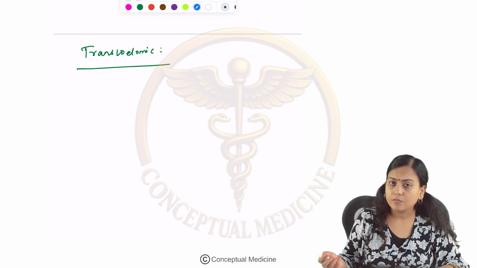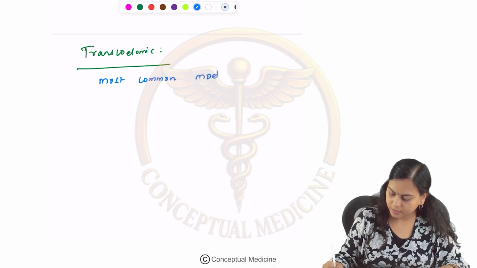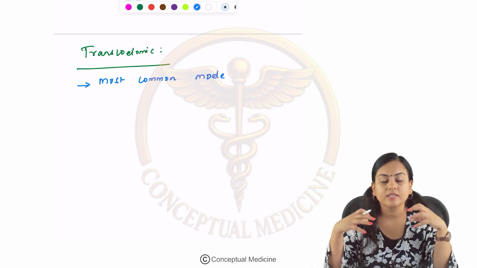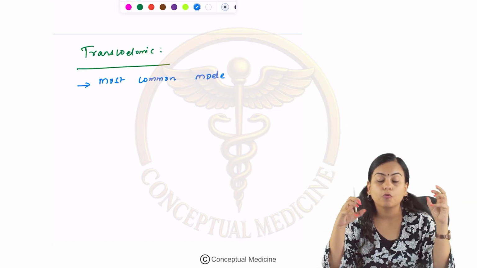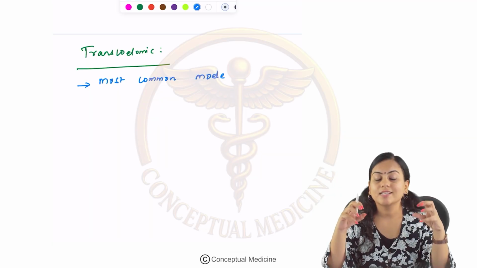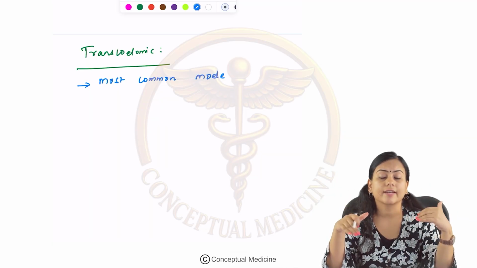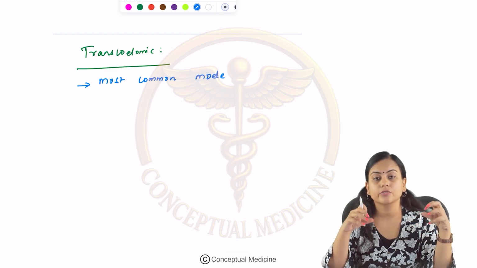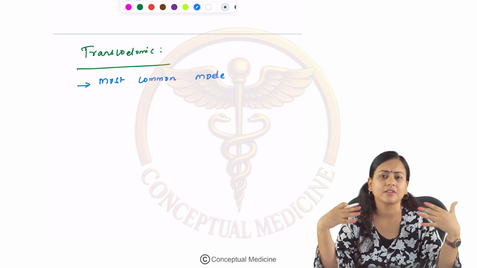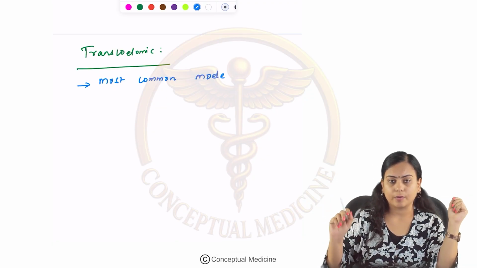See, this is the most common mode of spread. What is basically happening is there is exfoliation of the cells from the ovarian surface and it is going to implant on the peritoneal cavity. Now, the cells that are implanted in the peritoneal cavity are going to follow the circulation, that is peritoneal circulation, and implant in various sites like the liver or posterior cul-de-sac or anywhere in the abdomen or pelvis, right?